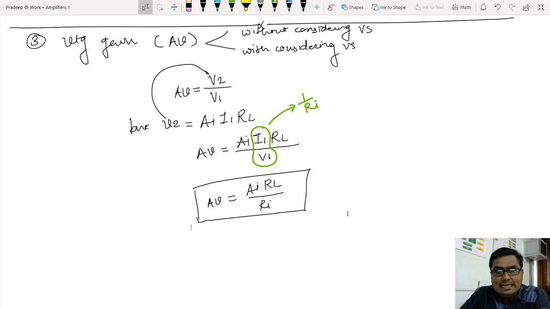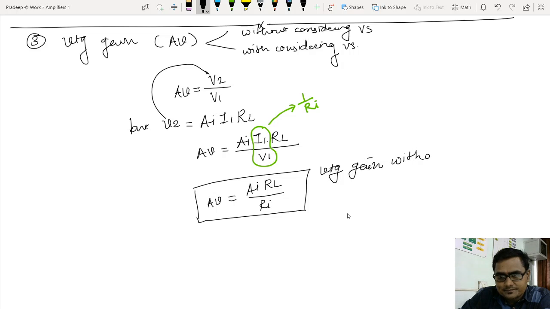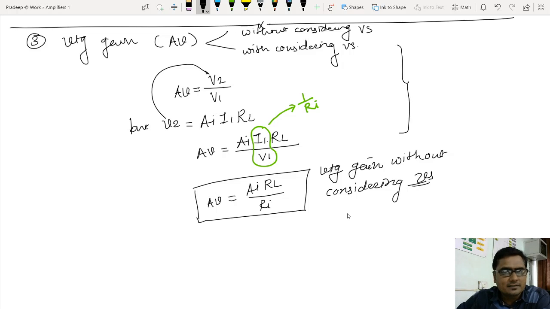It is a voltage gain without considering Vs. In this complete process, we have not considered the source voltage at all. So if I am not considering source voltage, then it is a gain without considering source voltage.